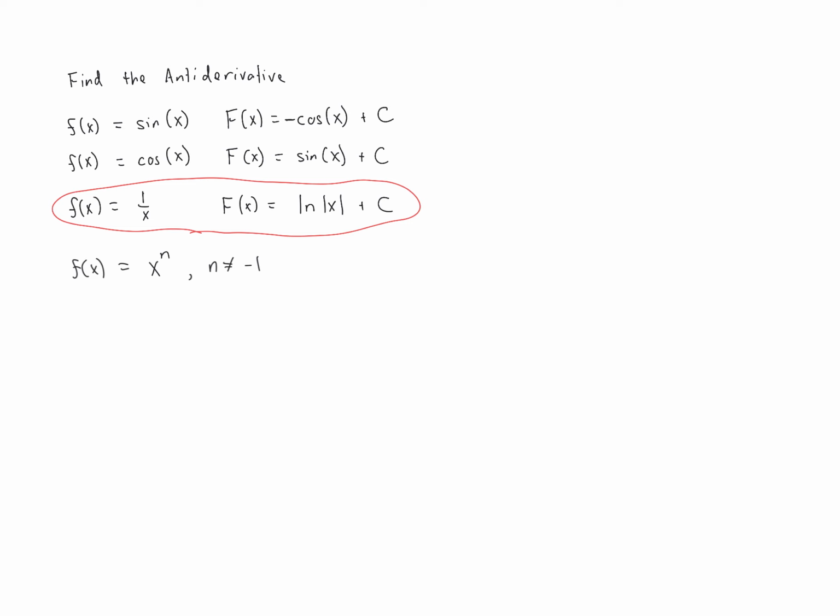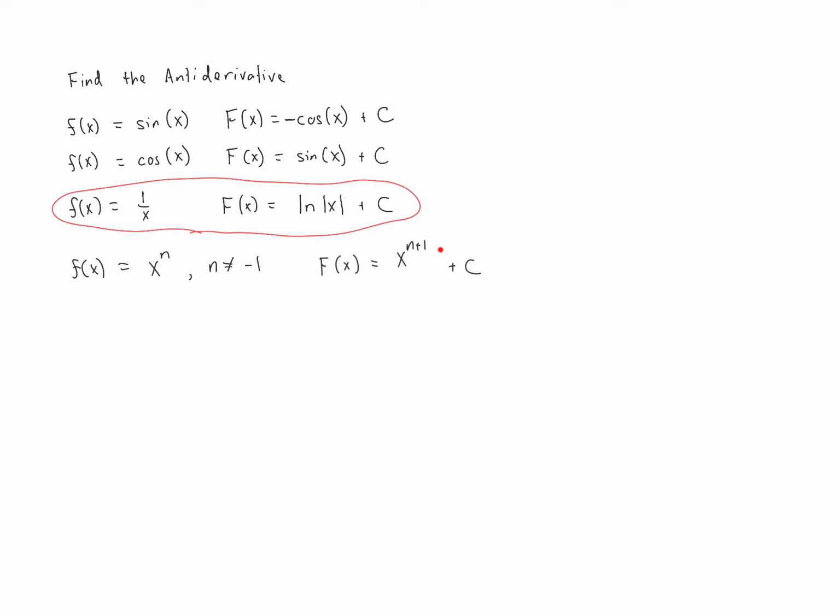Now we know that when we take the derivative of a power function, the result ends up having a degree that's one less. So we might think when we take the antiderivative, we get a degree that's one more. So we might think the antiderivative, capital F of x, equals x to the n plus 1, plus a constant. And that is almost true, but we're going to have to make a little bit of an adjustment.